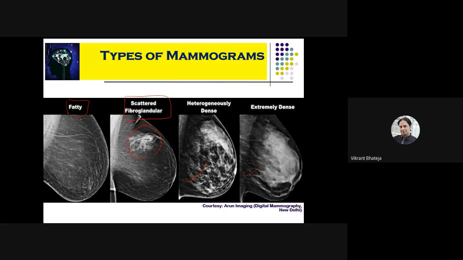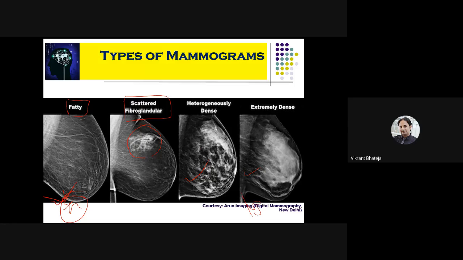Now, if you reverse this flow, you can see that this extremely dense type of mammogram is attained at a very young age, say up to 30 years of age. And the last image, or the first image, the fatty mammogram, is generally seen after 45 years of age.